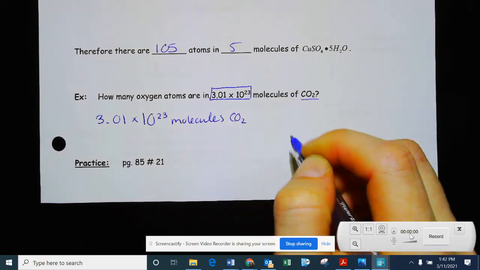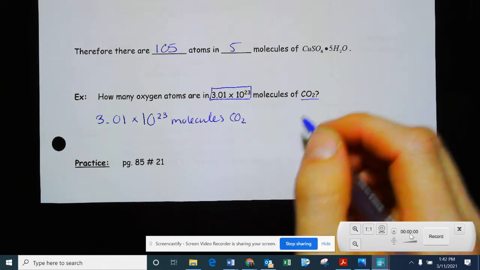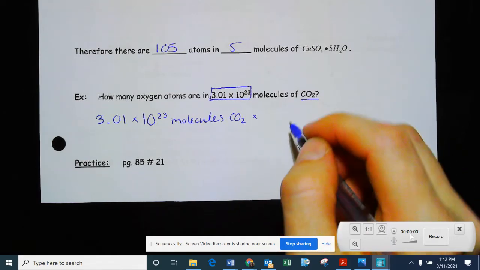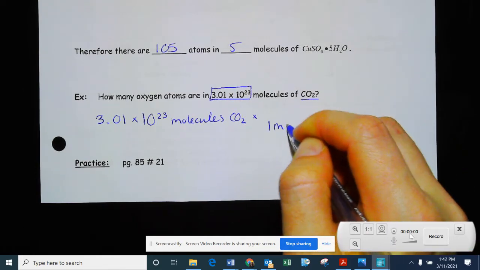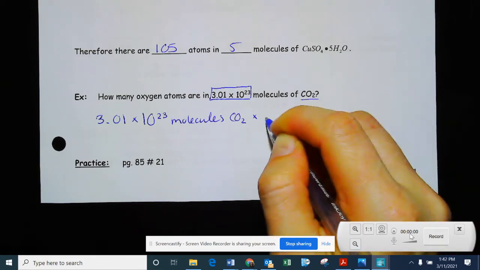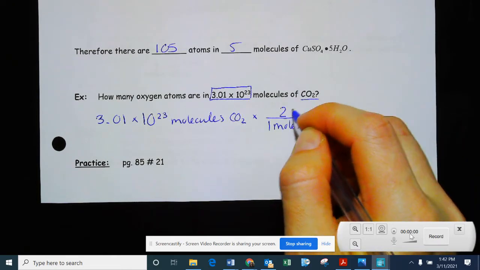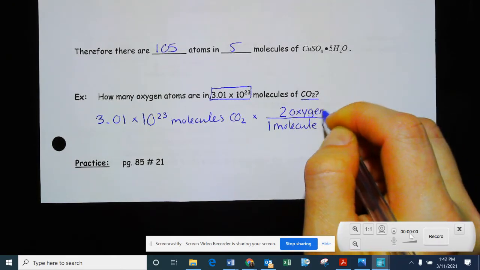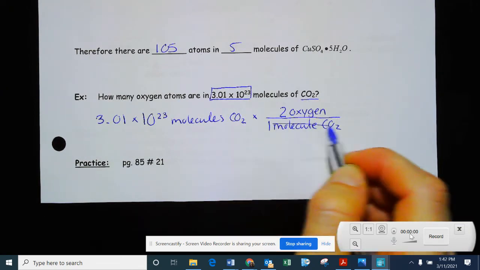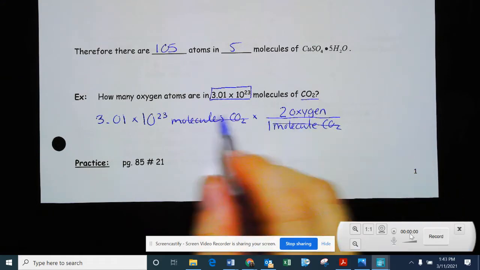And then what I'm going to do is set up a conversion ratio. So what we're going to do is times, for every 1 molecule of CO2, I have got how many oxygens? 2 oxygens. So I've put my molecule of CO2 on the bottom, so that's canceling out. And I'm going to be left with oxygen when I do this conversion.